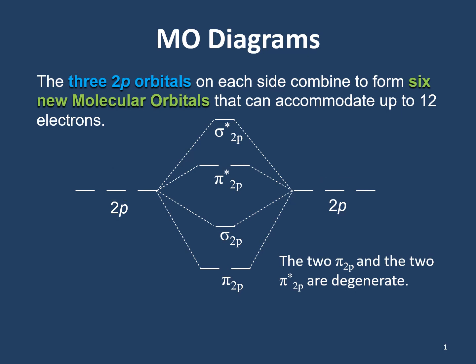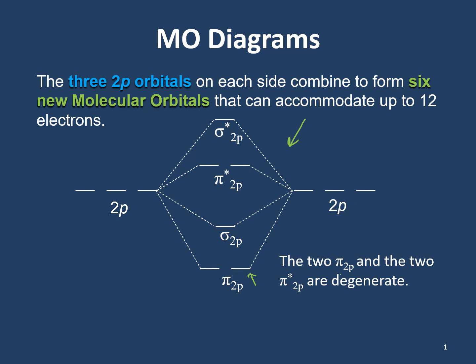And so the general shape and look to our molecular orbital diagram will look something like this when we have a p orbital combination. However, there's actually 2 versions of this, and we'll get to the next one in just a second. We have degenerate orbitals when we combine p orbitals, where we have 2 molecular orbitals at the same energy level. Like with these pi bonding orbitals, here's our sigma bonding, here's our pi anti-bonding, and our sigma anti-bonding.